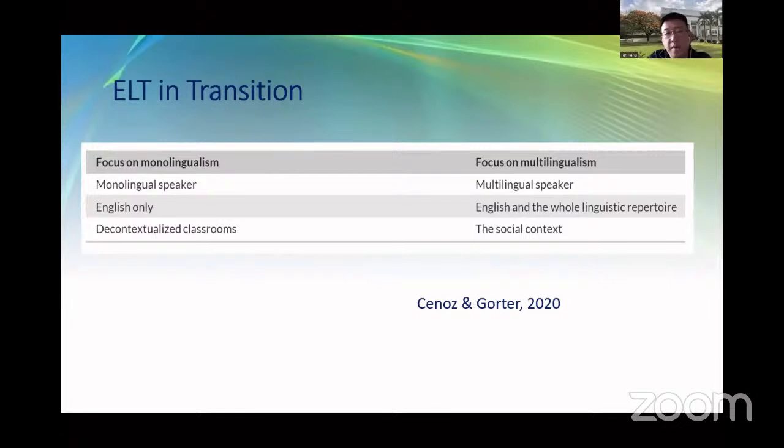It's not to get rid of English, but to focus on different needs of the students, right? To promote multilingual education and to look at English and other language resources as the whole linguistic repertoire. And not only do we look at ELT from decontextualized classrooms, but also at the social contexts.